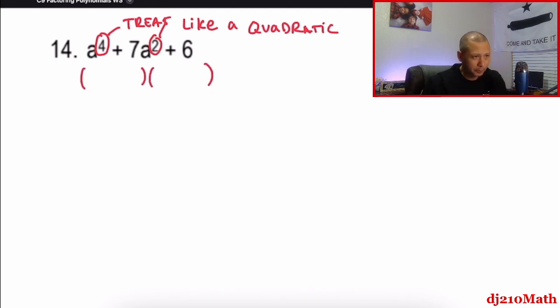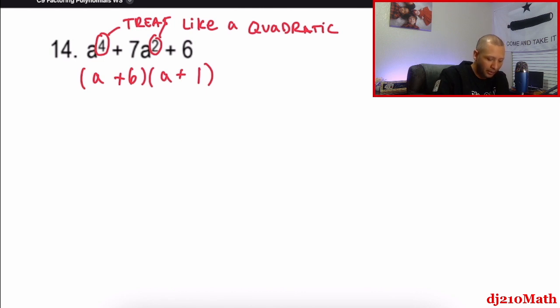So two numbers that multiply to make 6 that add up to 7. So that's 6 and 1. They're both positive. Okay, and normally we would just put the variable. But this is where we got to stop and think for a moment. If we were to FOIL this out, distribute, a times a would be a squared. Well, we want a to the fourth.